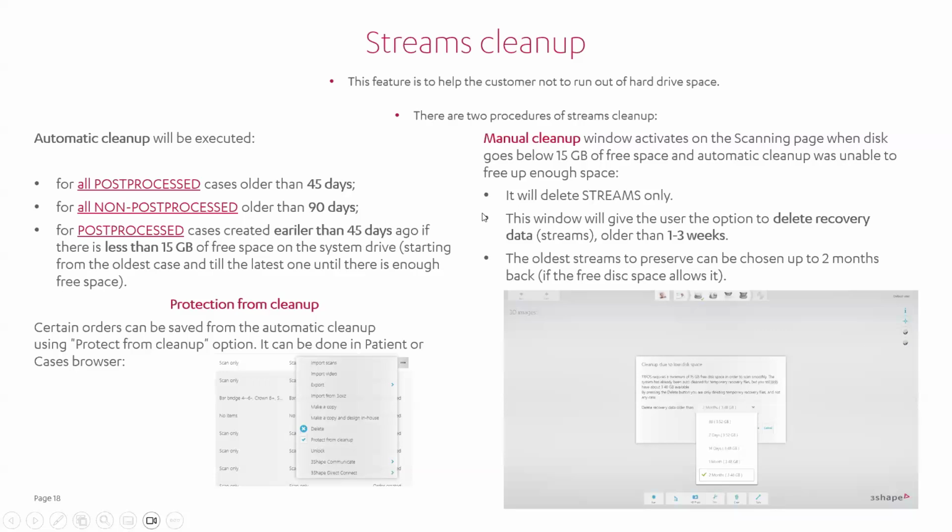It will delete the streams only. The window gives the user the option to delete recovery data streams older than 1 or 3 weeks, and the oldest streams to preserve can be chosen up to 2 months back, if the free disk space allows it, of course.